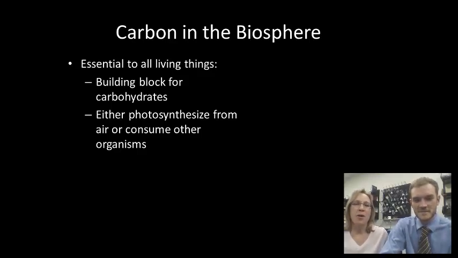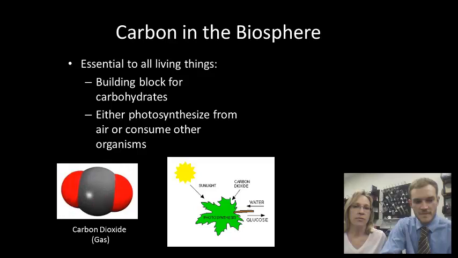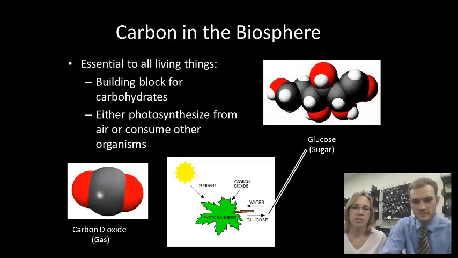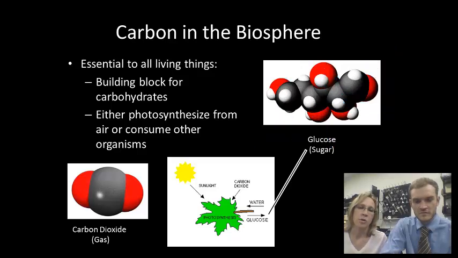So, when we think about plants that photosynthesize, they're taking that carbon dioxide from the air and they're converting it with the energy from the sun into what we call glucose. And glucose is a sugar, and it's made up of these 6 carbons. You can see the carbons, the black carbons down in the middle of this sugar molecule.